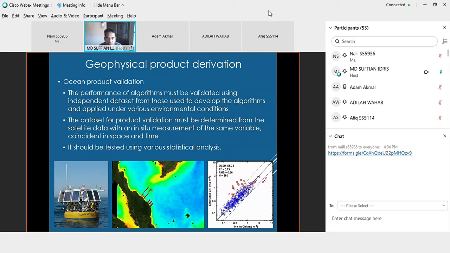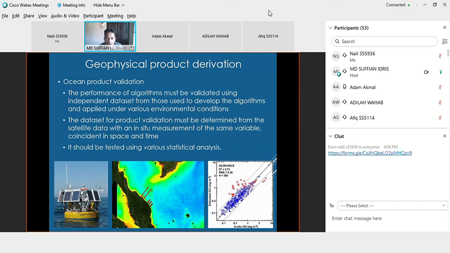So bila satellite lalu, you sample dapatkan data suspended particulate matter dan you dapatkan juga data reflectance. So the data set for product validation must be determined from the satellite data with an in situ measurement of the same variable coincident in space and time.